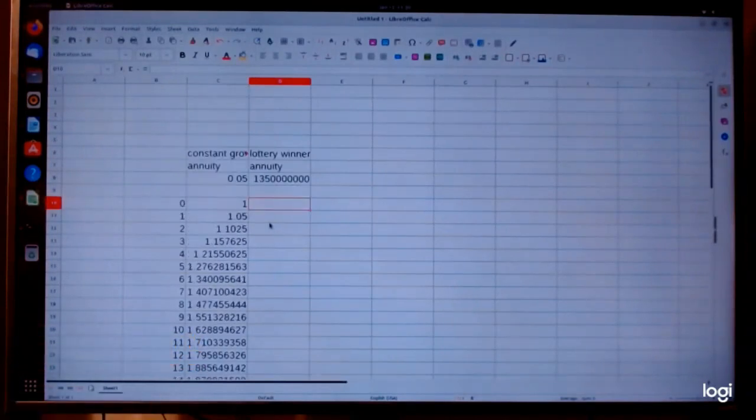So that is D8 divided by C41. Okay, and that was our first payment, and then the next payment is 5% larger. So that's D10 times 1 plus C8. All right, then we can just copy this.